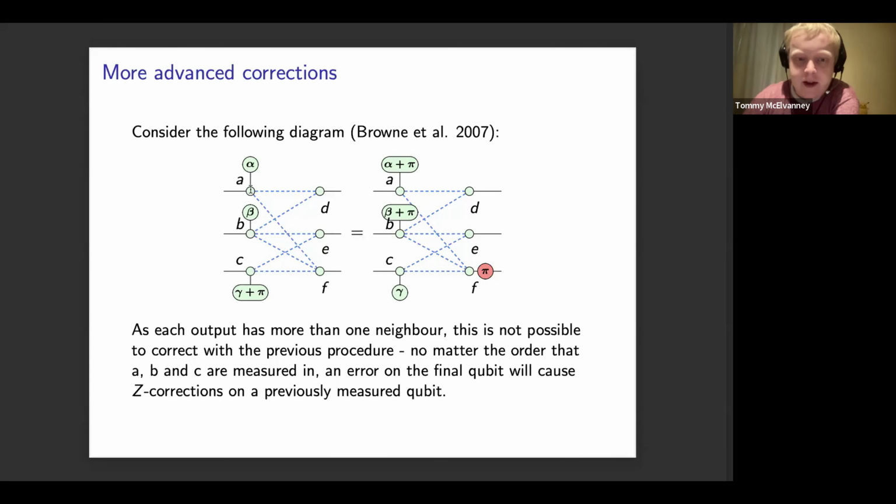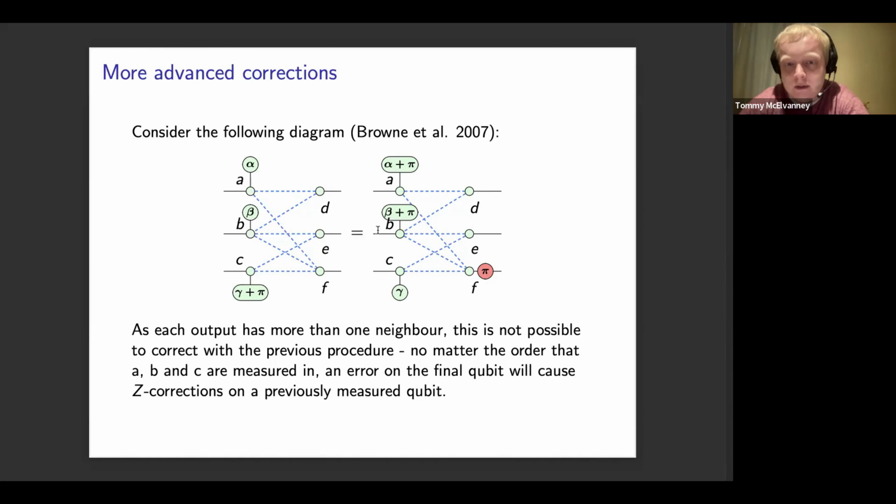So like here I said, the idea is you can always push the pies around as much as you want. So I could push this pi on the A onto the D and leave the pi from the B here. But the idea is that you want to have some kind of order in which you've measured your qubits, which you've probably predetermined.